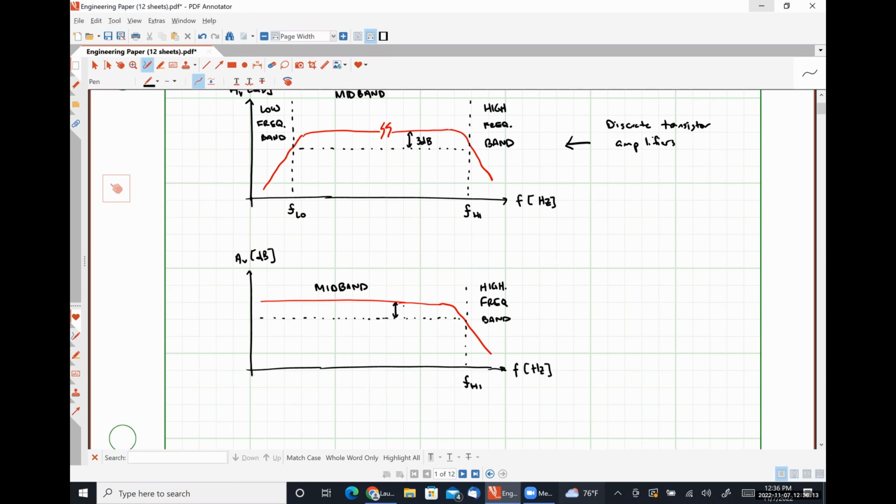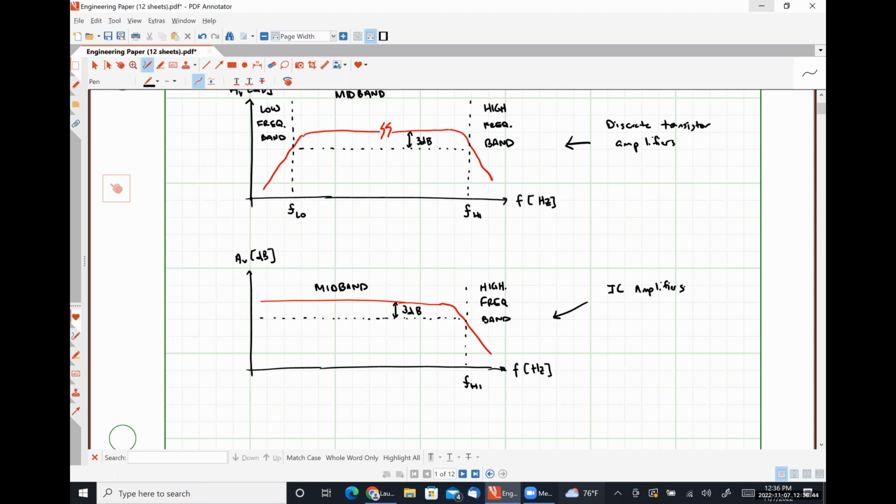This range is 3 decibels. So this is for IC amplifiers, okay? So the bandwidth of an integrated circuit amplifier effectively extends all the way from DC up until we hit that corner frequency.